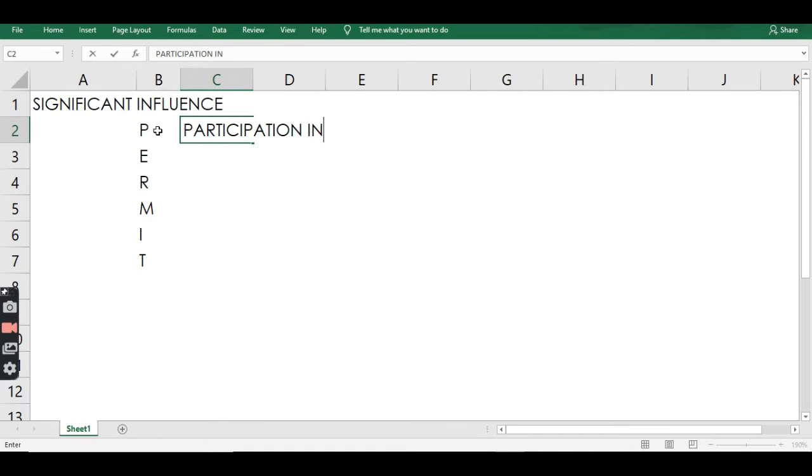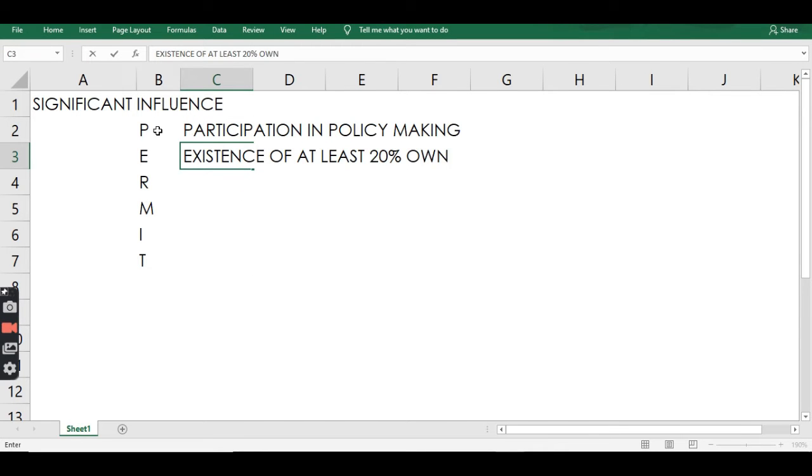Participation in policy making. So yan yung first. Kailangan meron kang participation dun sa policy making ng investee. Ano yung E? Existence of at least 20% ownership doon sa ating investee corporation.